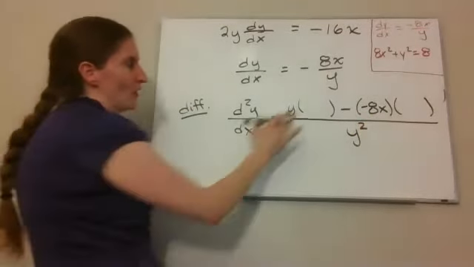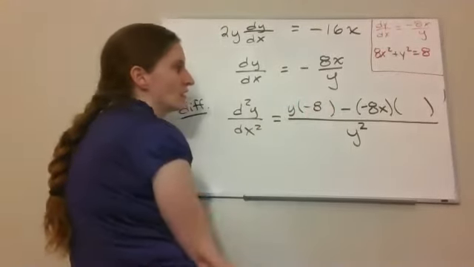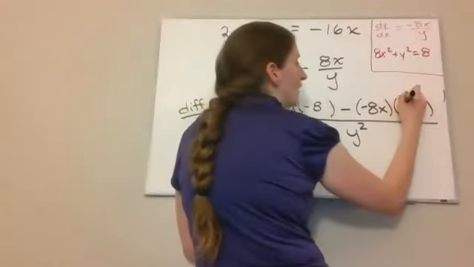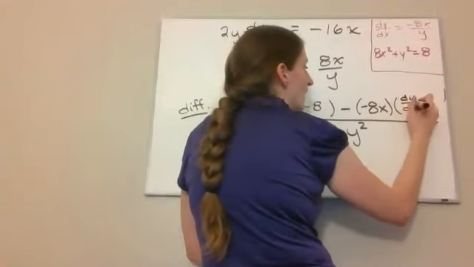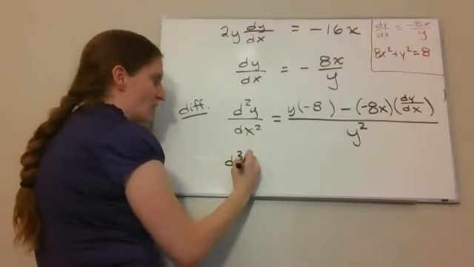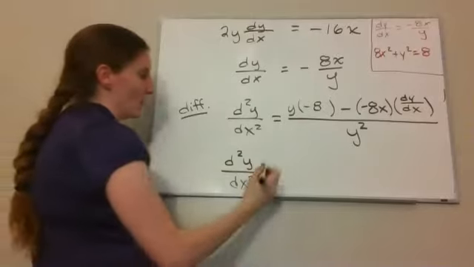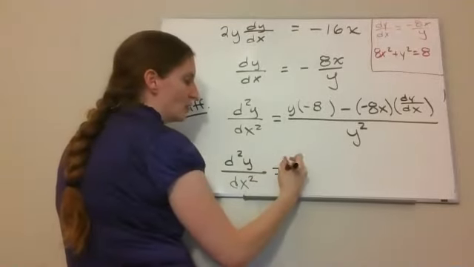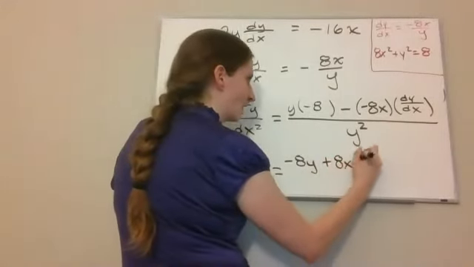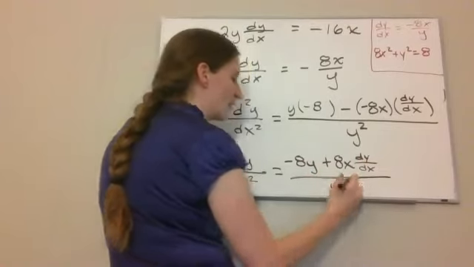So the derivative of the top is derivative of negative 8x. That's negative 8. Derivative of the bottom is the derivative of y. That is dy dx. So let me quickly rewrite this. I have d squared y over dx squared, or my second derivative. That is equal to negative 8y plus 8x dy dx all over y squared.